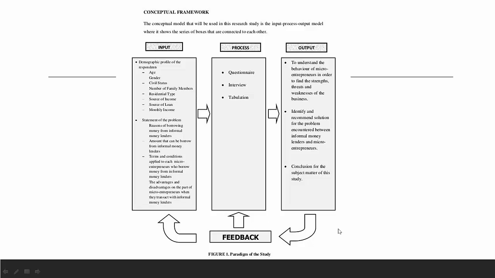So, input is coming from the statement of the problem. If you have a good statement of the problem, you can automatically indicate a conceptual framework using the input-process-output. Where did the process come from? It is coming from how you gather your research study.